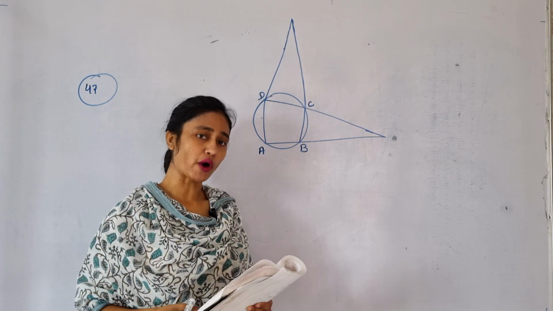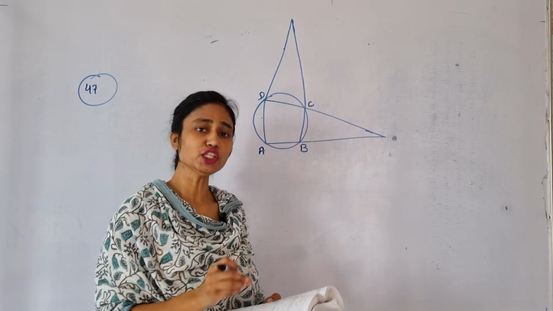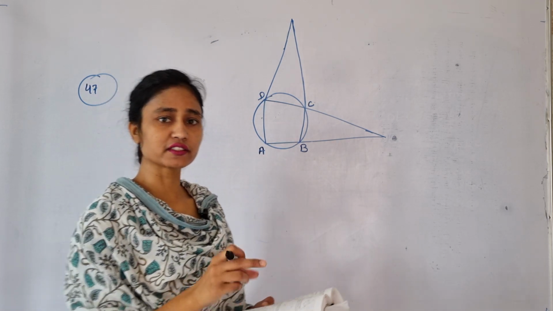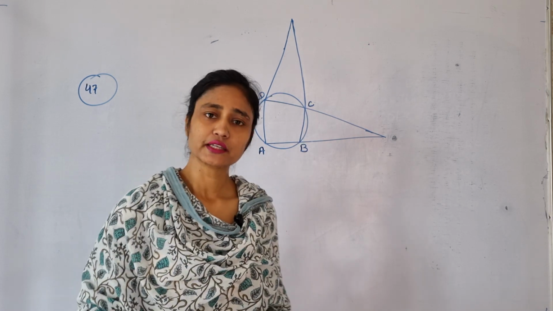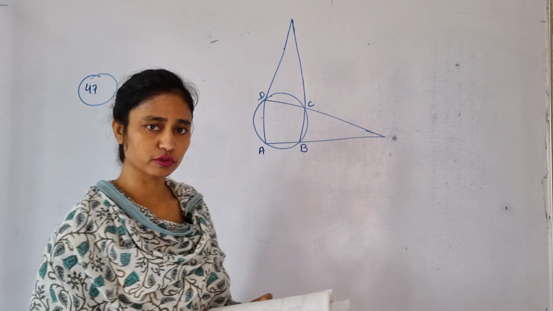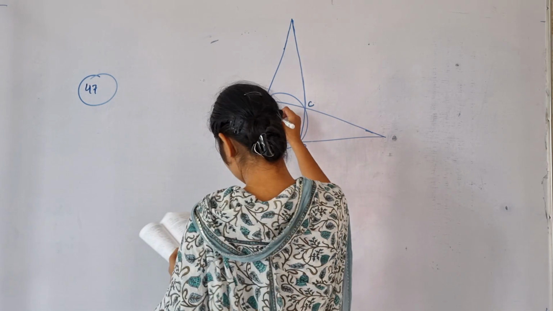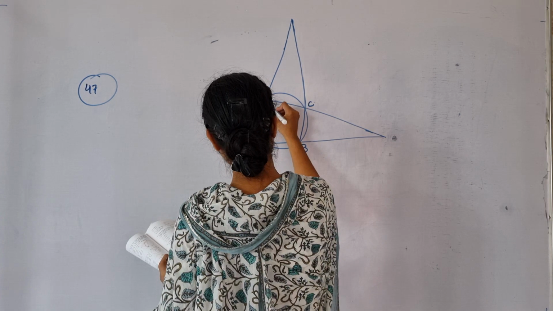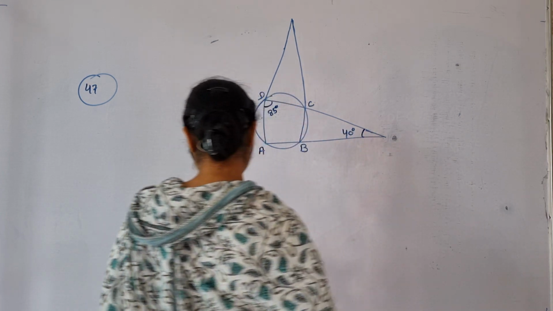What would A, B, C, D be? A, B, C, D is a quadrilateral inscribed in a circle in such a way that each of its vertices is touching the circumference of the circle. Means A, B, C, D is a cyclic quadrilateral. If we need, we can use its result anywhere during the solution. This angle is given as 85 degree, and this angle is given as 40 degree.